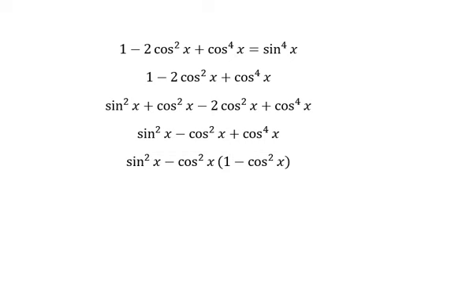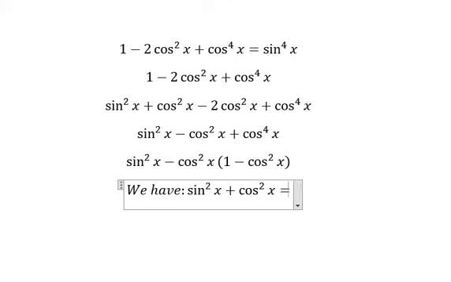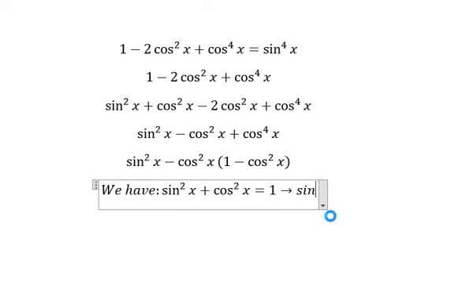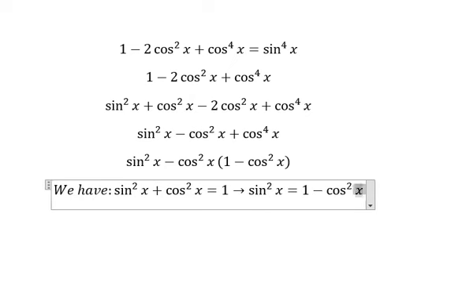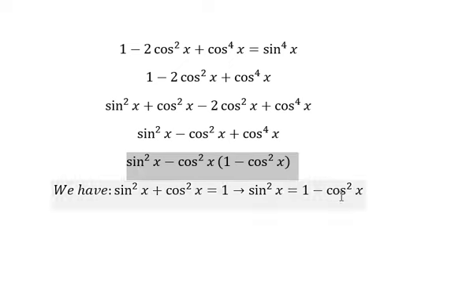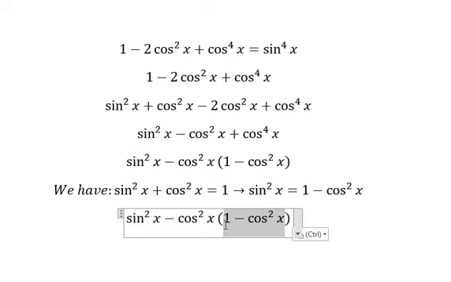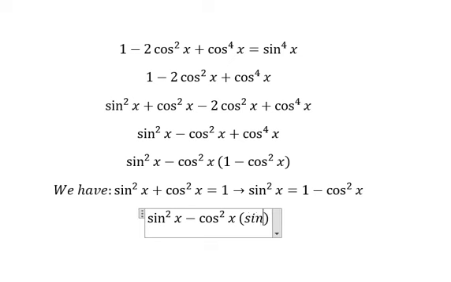Next, we have the formula in here. Sin s squared plus cosine s squared equals the number 1. So I need to put cosine s squared to the right. So we need to change 1 minus cosine s squared into sin s squared.